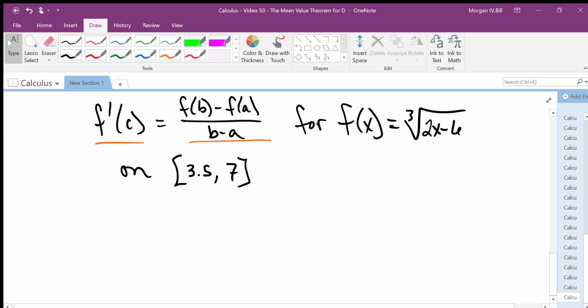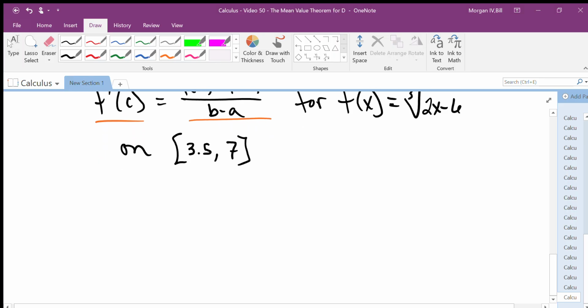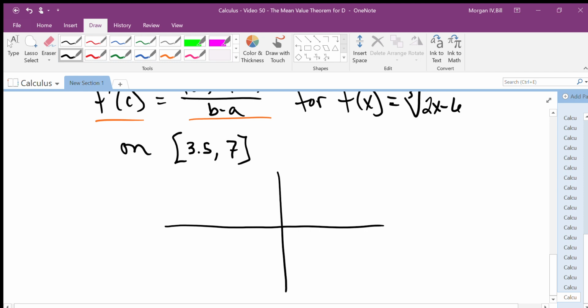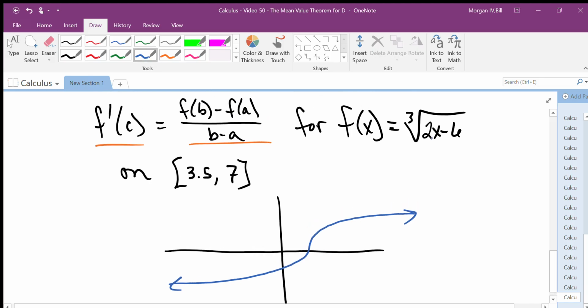Okay, let's get a picture of what's happening here. The cubed root of 2x minus 6. I'm not exactly sure what that looks like, but I'm going to guess it's something like this. Pretty close anyway. When x is 3, 2 times 3 is 6, minus 6 is 0, cubed root is 0.